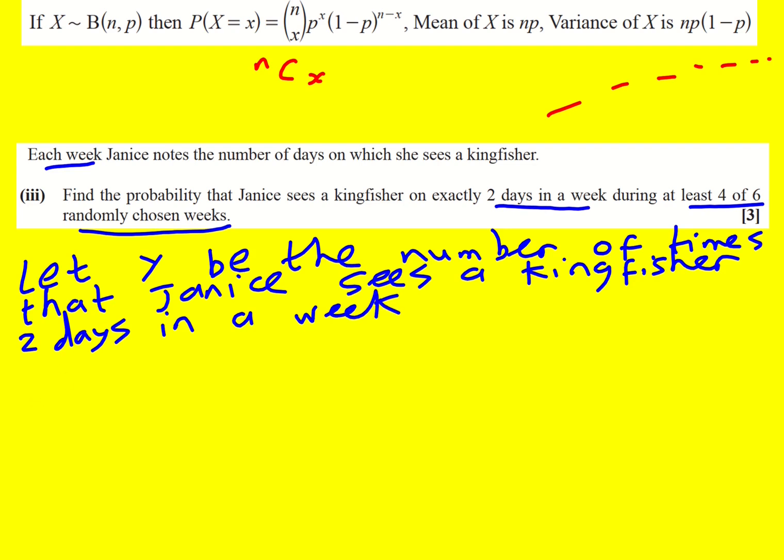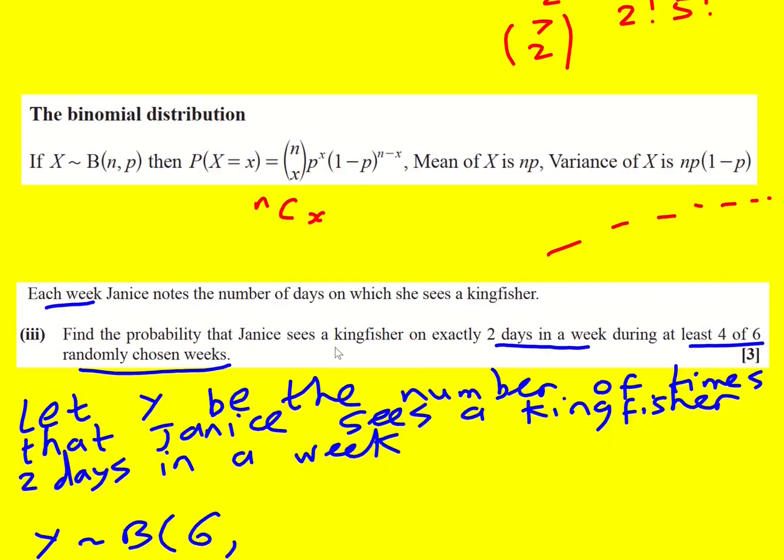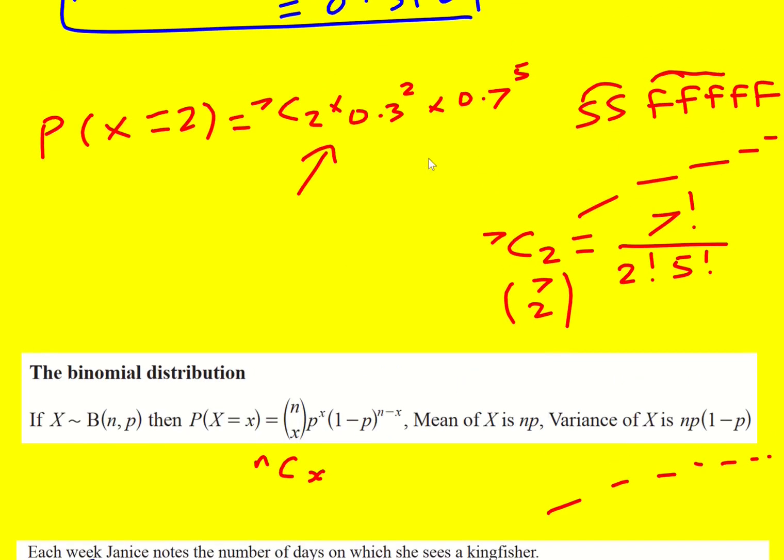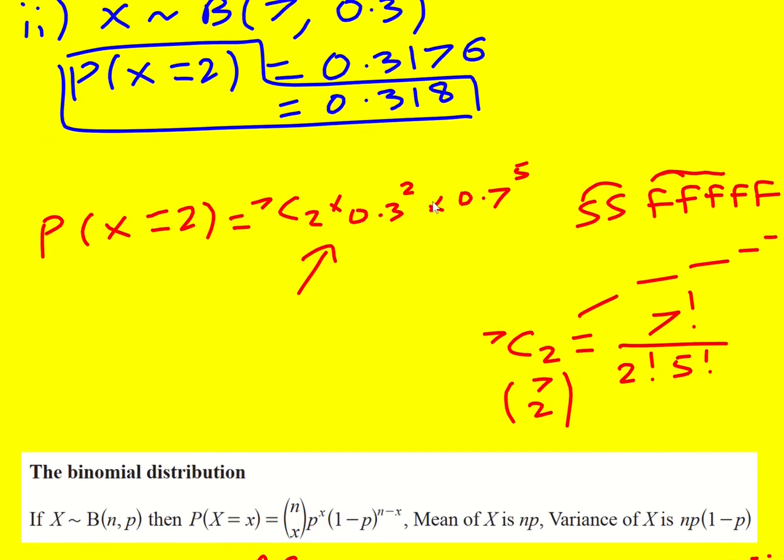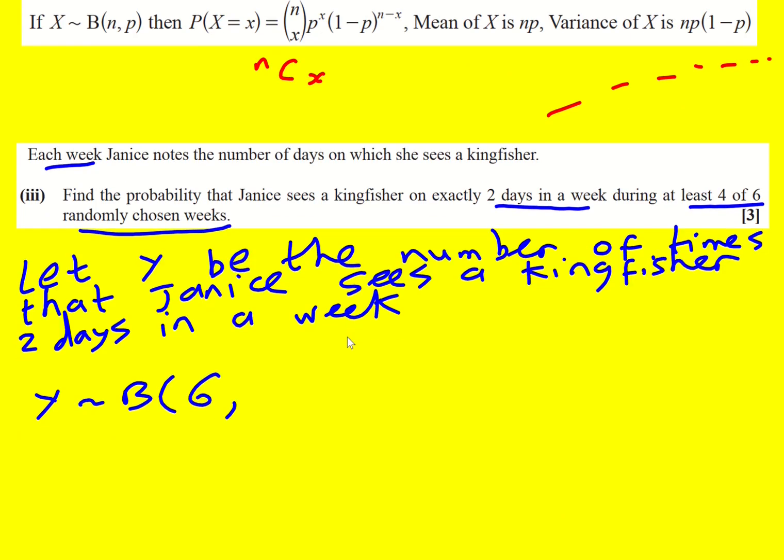And we're looking over 6 weeks. I'm not going to write any more words, but I'm going to say that y is therefore going to follow a binomial distribution. That's going to be 6, because there's 6 weeks I'm looking at, and the probability of success is this answer we had above, 0.3176.